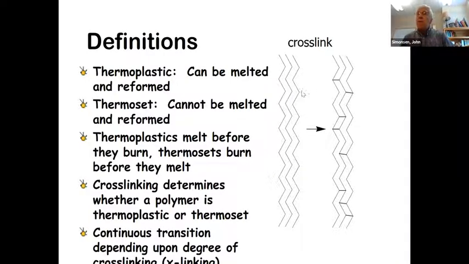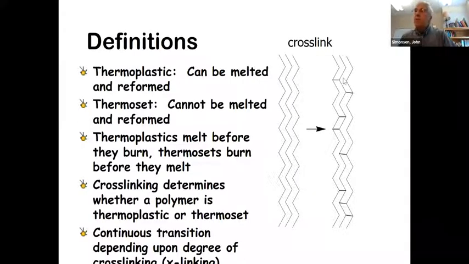If you have these individual chains, when you get the temperature high enough to exceed the energy of the secondary forces holding them together, then they can slide past each other, and we call that molten or melted, right? So these can melt, and then when you lower the temperature, the secondary forces come into play now, and it becomes a solid again. So that's thermoplastic.